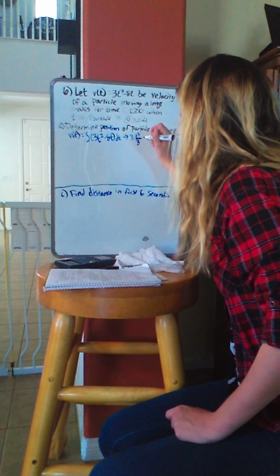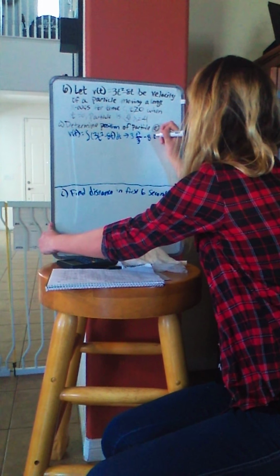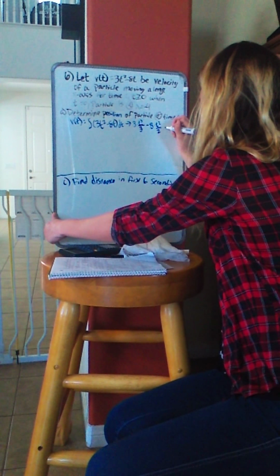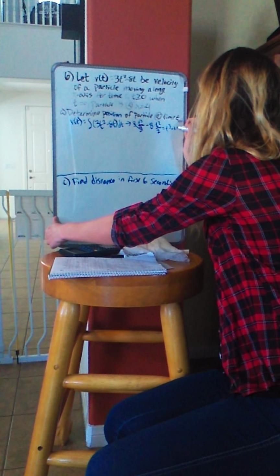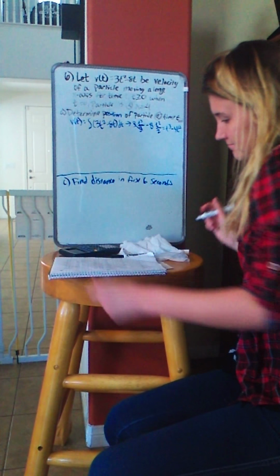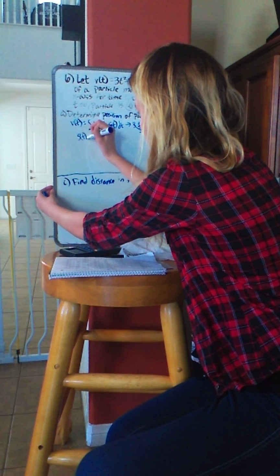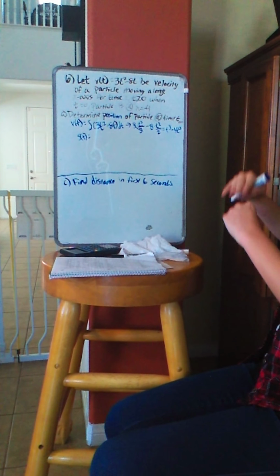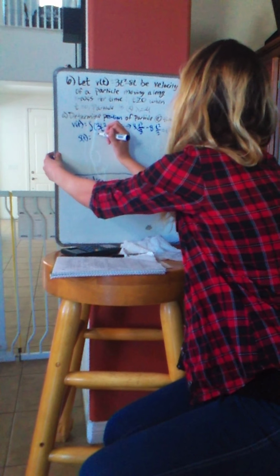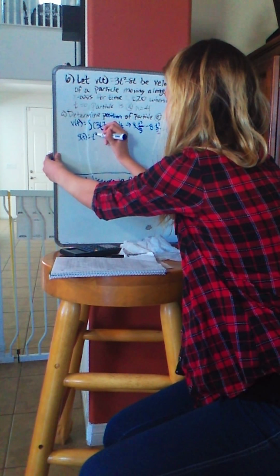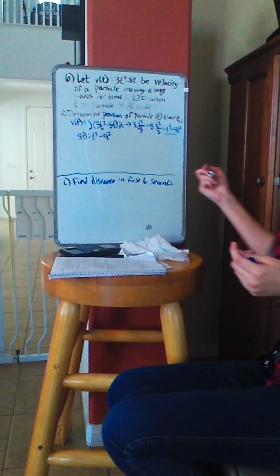And then minus 8 times t squared over 2, which would be t cubed minus 4t squared. And then we're going to have f(t), because f(t) is the integral of velocity. So it's going to be f(t) equals t cubed minus 4t squared, which is what we found right there.